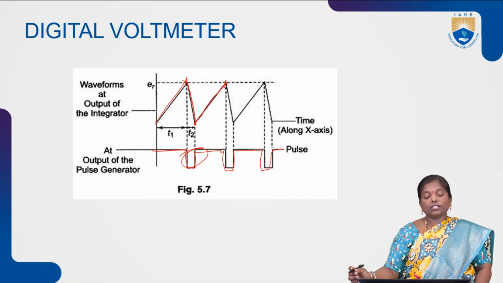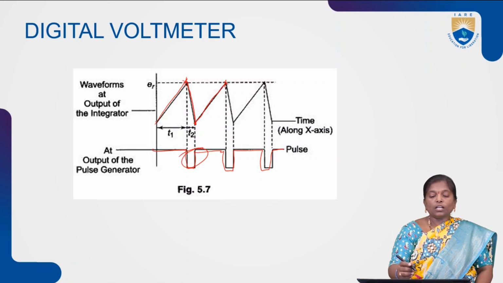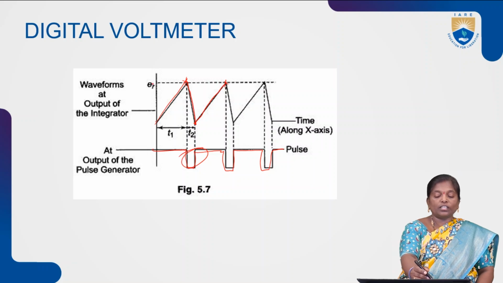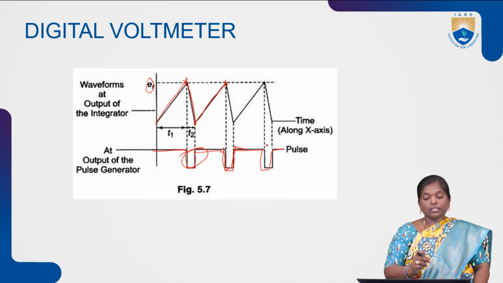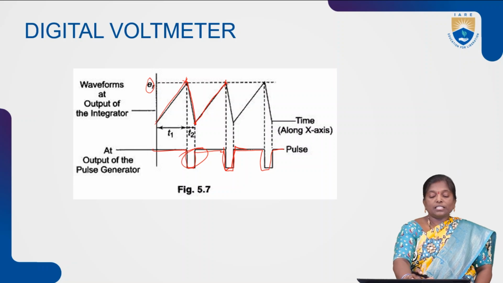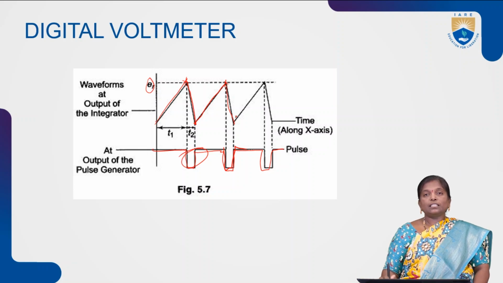When the capacitor reaches the peak value, its output voltage is equal to the reference voltage, then the comparator produces a pulse. When the pulse is generated, due to the negative going pulse, the capacitor starts discharging. Like this, the charging and discharging action takes place in the integrating type of digital altimeter.